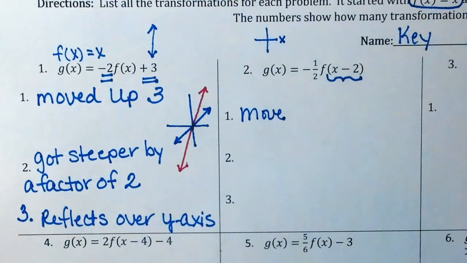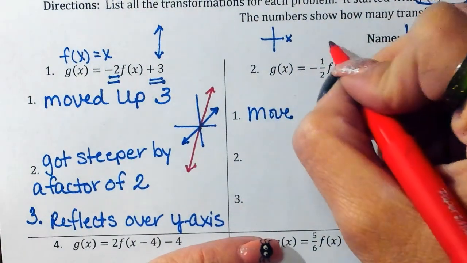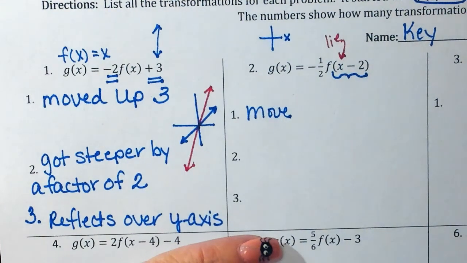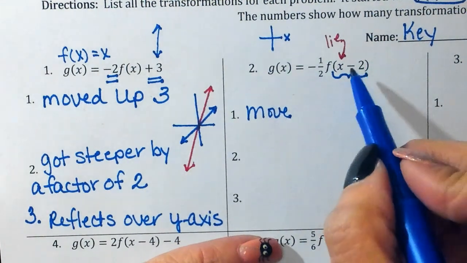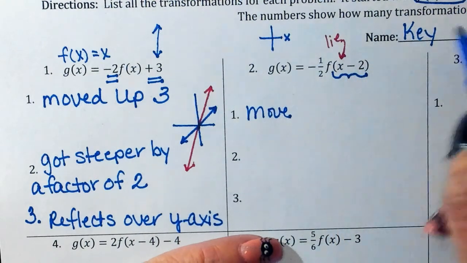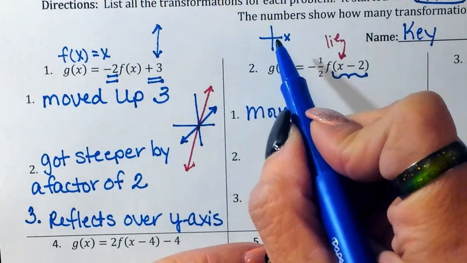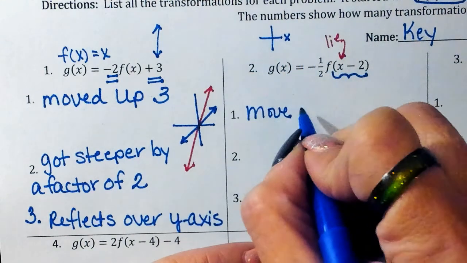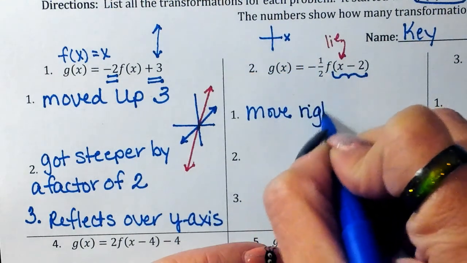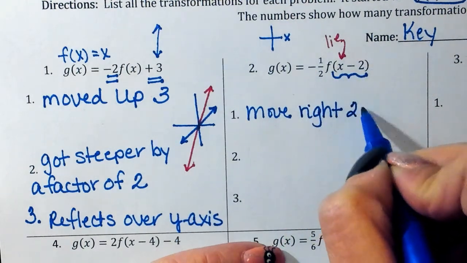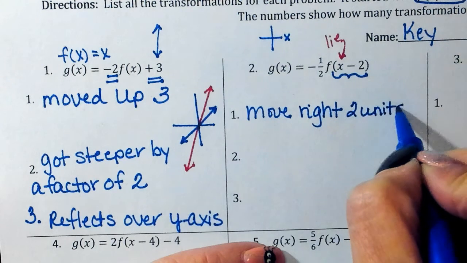Well, I remember that x is not a very trustworthy kind of guy. He lies. He says he's positive, or says he's negative, but I know he's positive. So if I'm moving positive, I'm moving this direction. I'm moving to the right. So I'm going to say that he moved right. How much? 2 units, or just 2 spots, whatever you want to say there.